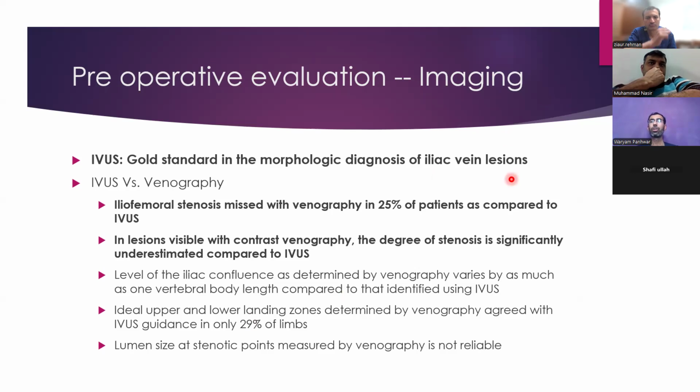So there are queries that some stenosis might have been missed because IVUS was not done, and imaging was done only with phlebography. There are chances that many patients who needed a stent were not stented, and therefore their symptoms did not improve. So this is also one of the things that comes up in ATTRACT.